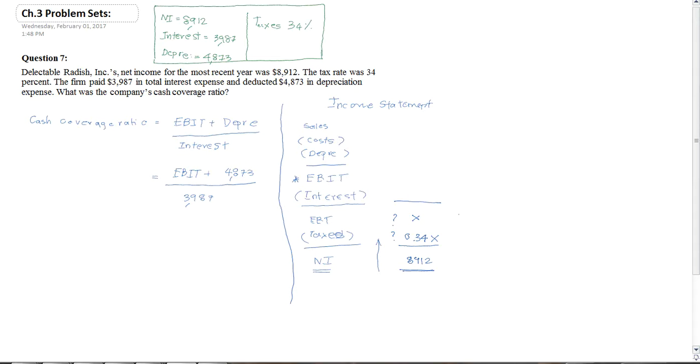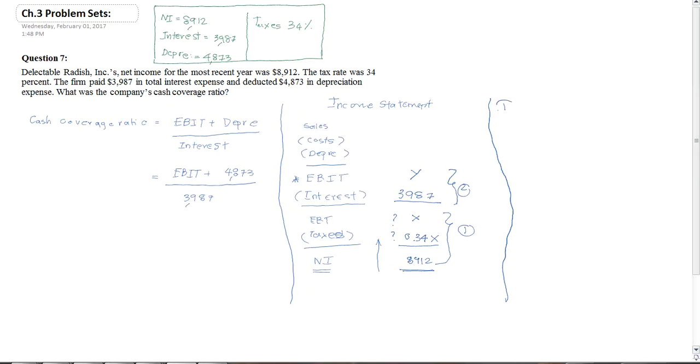Then we move up to interest, which we were given, 3987. We also don't know the EBIT, but that's what we really need, so I just put it as Y. From this we can start by forming two equations, equation number 1 and equation number 2.